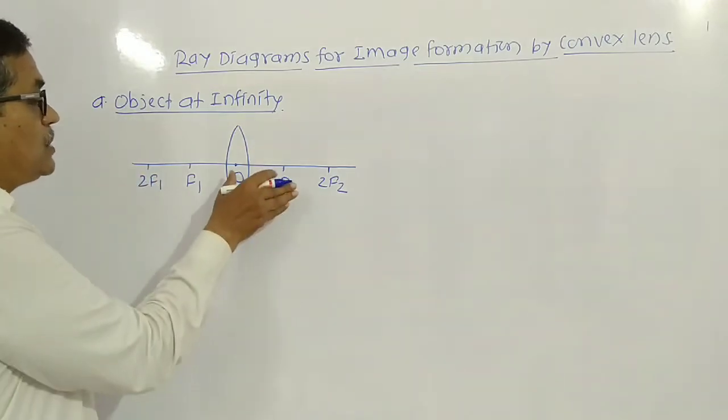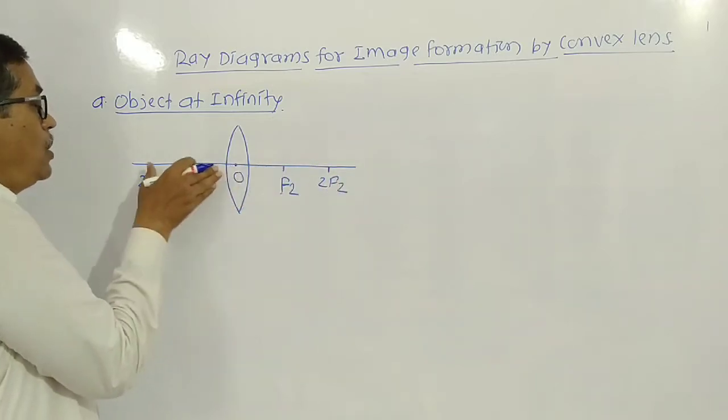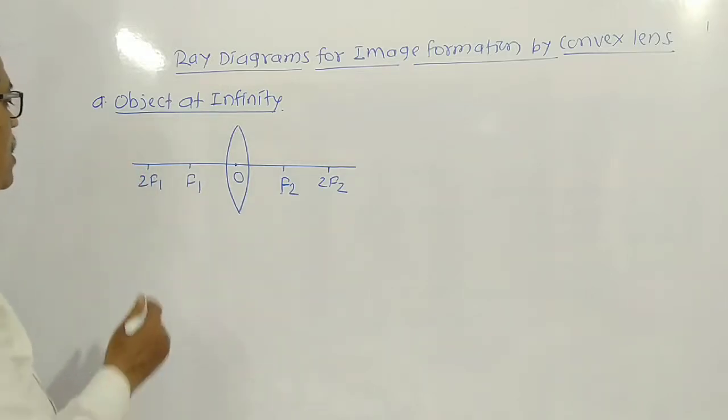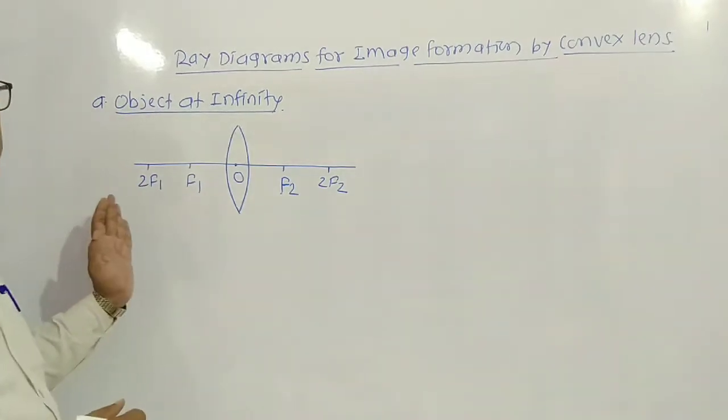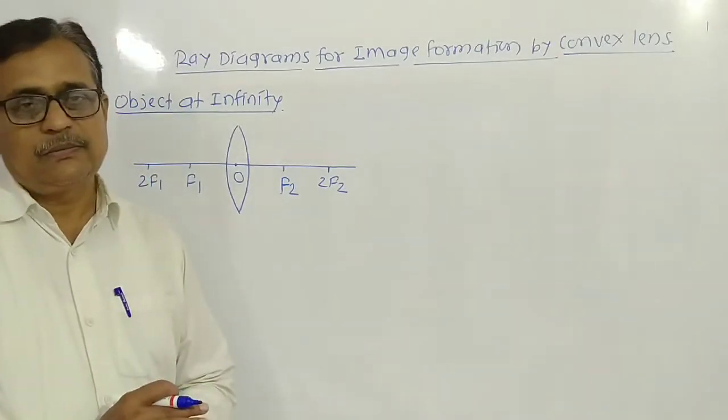It is necessary to know that all distances are equal on the right side and the left side. When the object is at infinity, the light rays are parallel to the principal axis.